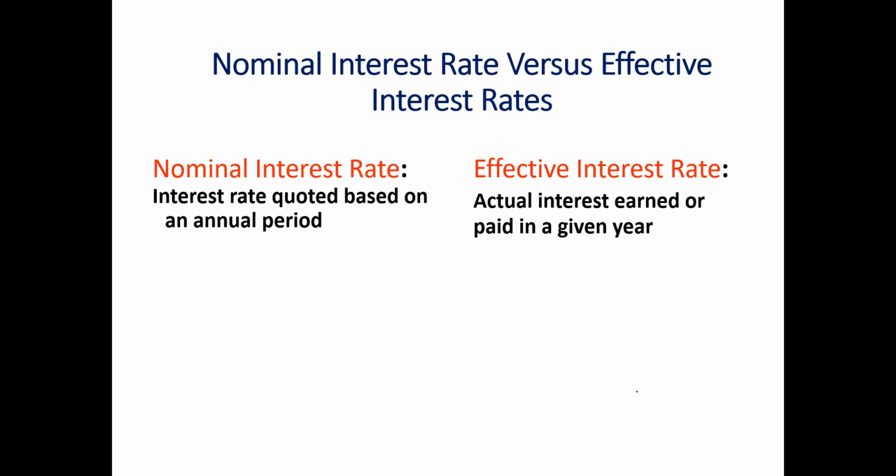Now, the next topic is about effective interest rate, or APR. Effective interest rate is also called APR. For credit cards and similar financial instruments, they use APR, the effective interest rate. They also have another term called nominal interest rate. Nominal interest rate is basically the interest rate at face value, the rate quoted based on the period, meaning compounded yearly.